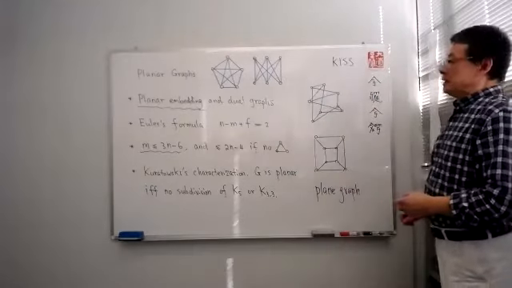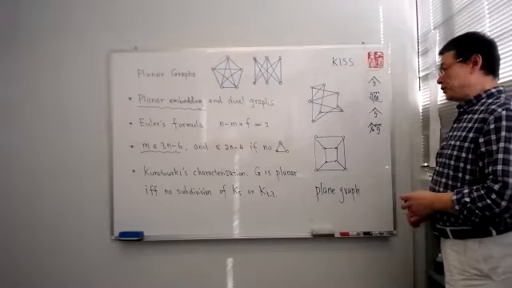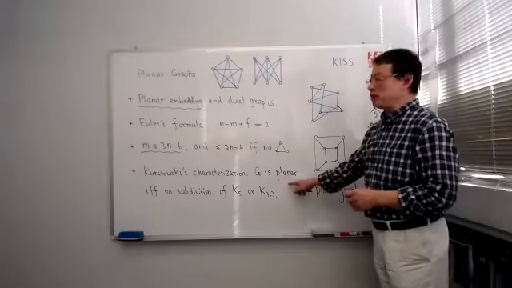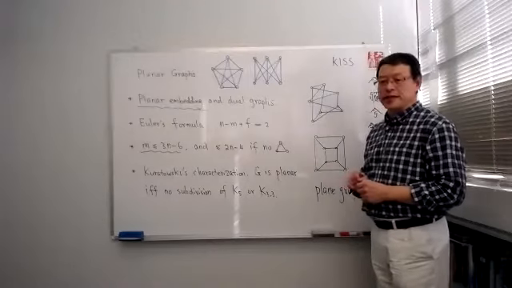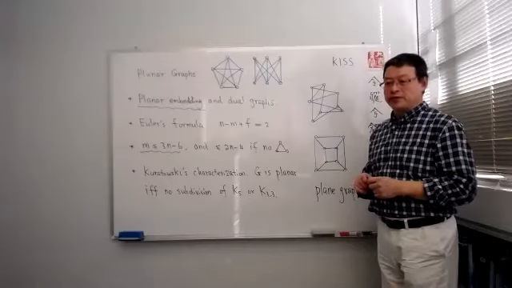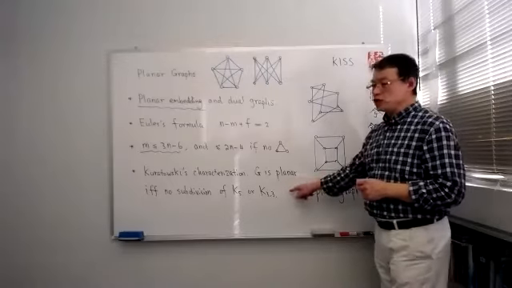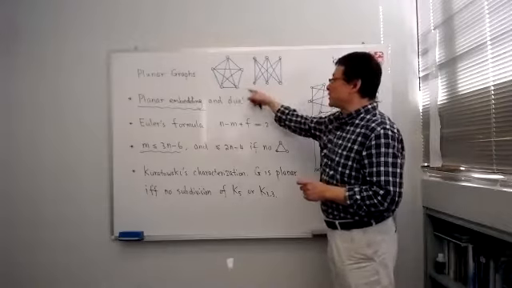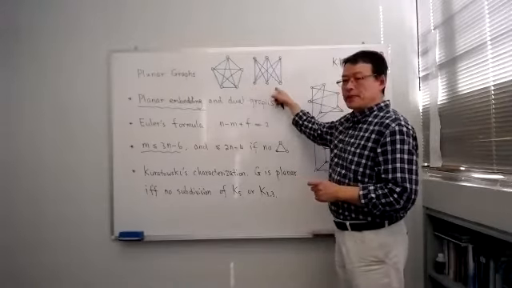Then we are going to present the following very beautiful characterization of planar graphs that exactly characterizes under what situation a graph is planar. That characterization is closely related to these two particular graphs, K5 and K3,3.